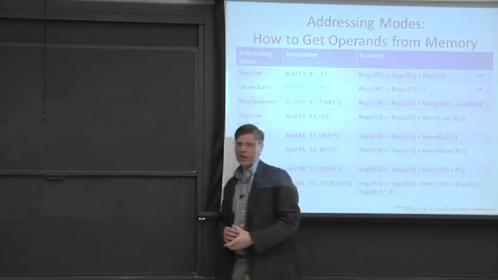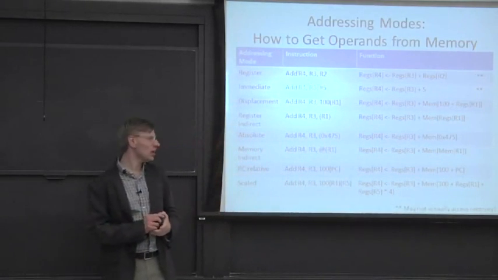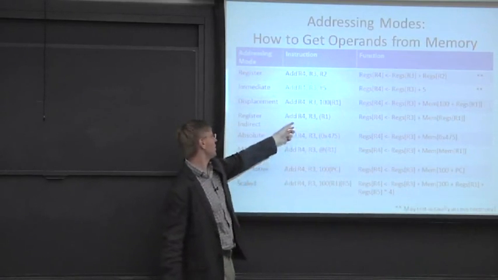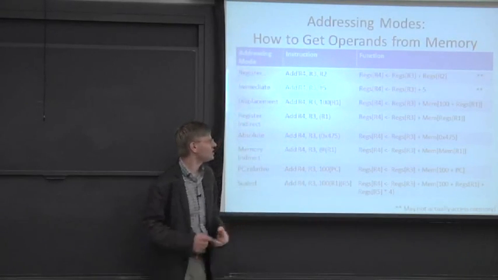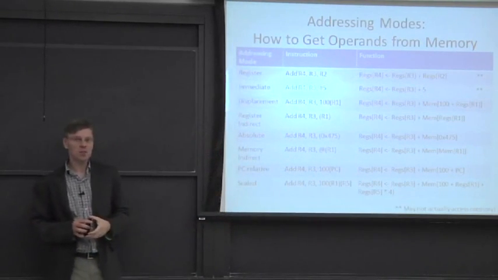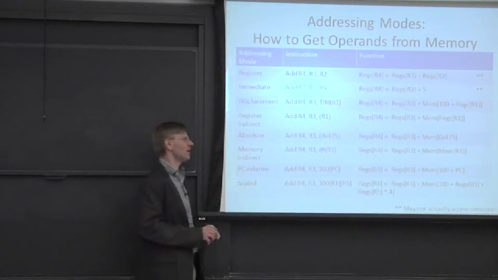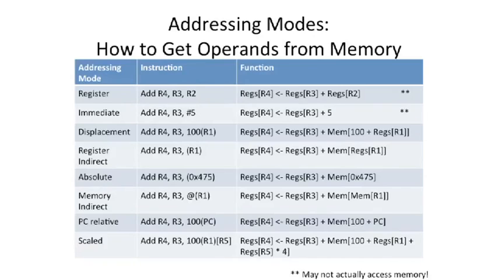But this is displacement-based, and it's called displacement because you can take a register and have some displacement off of it. You can have register indirect, and this is pretty common on something like MIPS. Or actually, if you look at the Itanium instruction set, they don't have displacement, they only have register indirect. So this is similar to the displacement, but you can't have a displacement.